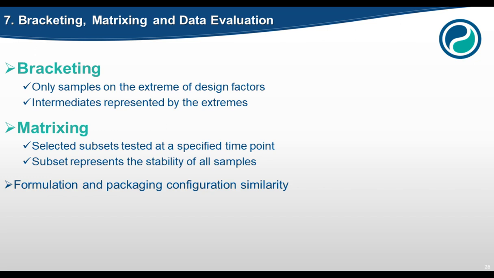We actually select subsets, tested at specific testing points, and we assume subsets represent the stability of all the samples. At the time of submission, we do have all subsets tested, and we also test all subset samples at the end of the stability study. And the requirement for this approach would be the formulation and packaging configurations are the same or similar for all samples.